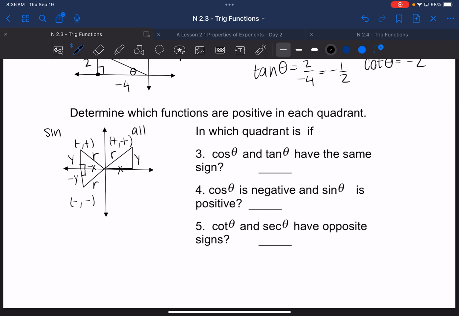But tangent would have a negative y and a negative x, which makes a positive. So in this quadrant, tangent would be positive, right? Okay? All right, and then in quadrant 4, what's positive and what's negative? X is positive and Y is negative. All right. So which ratio is going to be positive here then? Cosine.